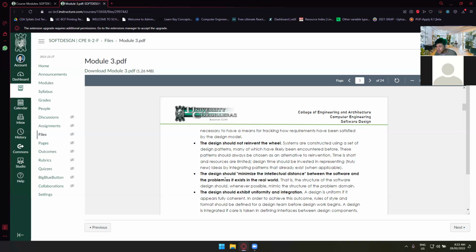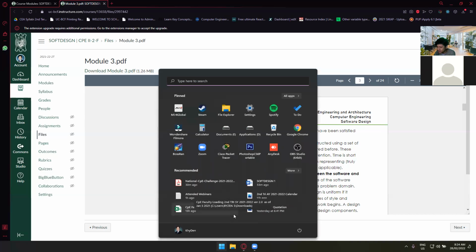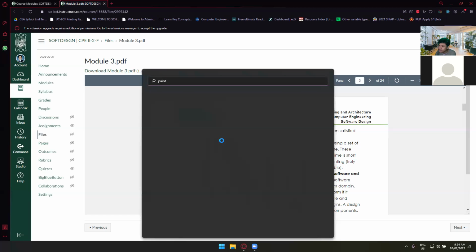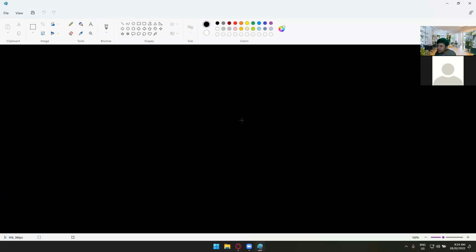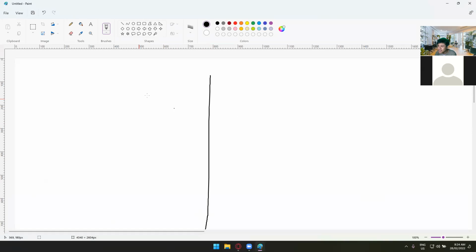The next one here is the design should minimize the intellectual distance between the software and the problem as it exists in the real world. The best way for me to describe this one is by using this drawing.